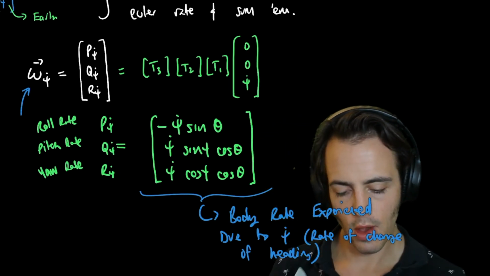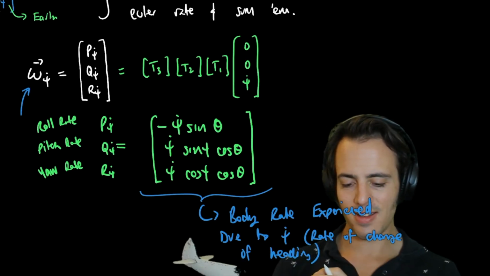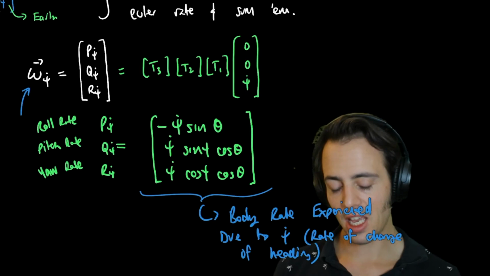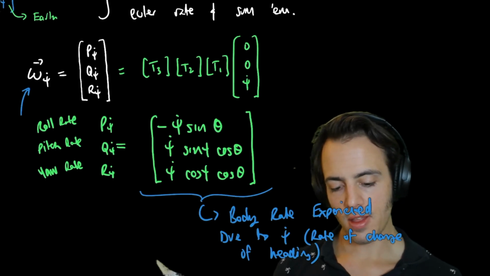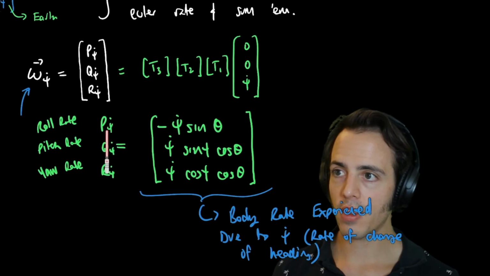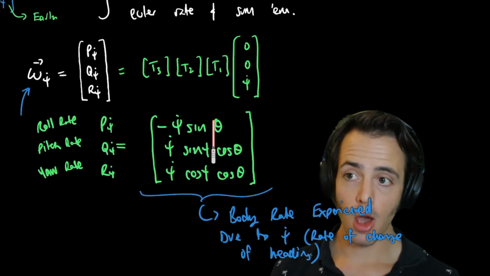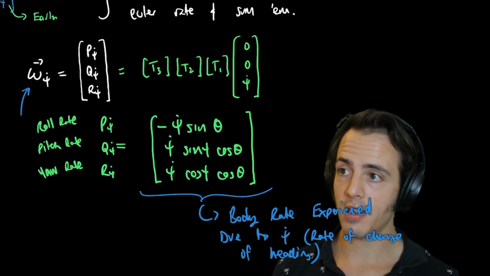Okay, so we can think about how this works. It's this first top term here. This is an experienced pitch rate due to a rate of change of heading, and this only occurs at non-zero pitch. So let's think about what this means.